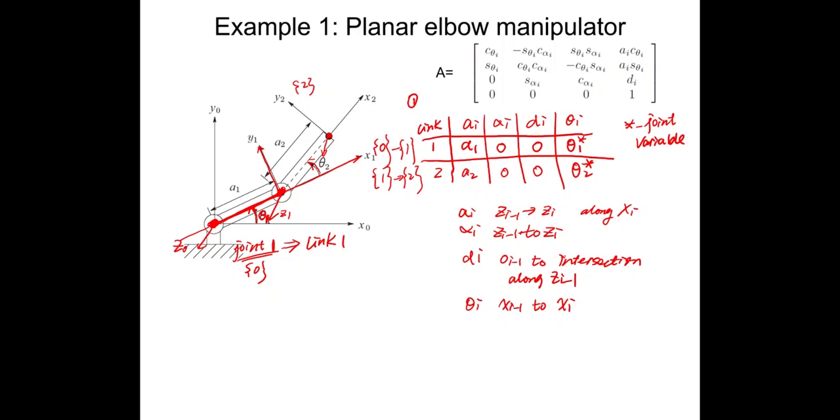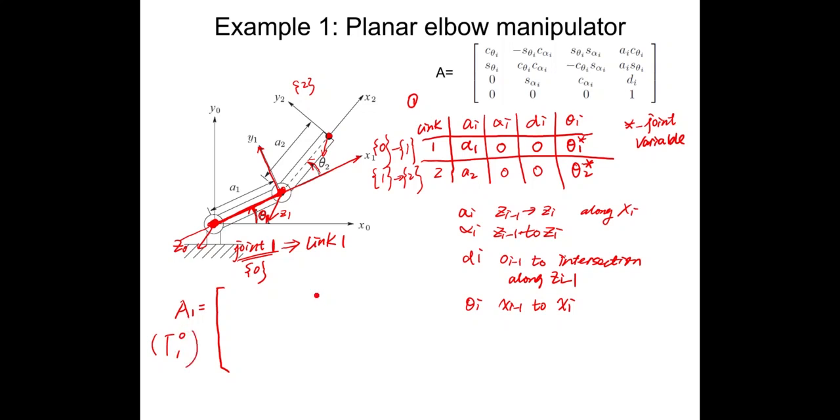With these 4 parameters for every step, we can write down the homogeneous transformation matrix for each step. In robotic convention, we use T instead of H. So that is T1 with respect to 0, and we write it as A1.